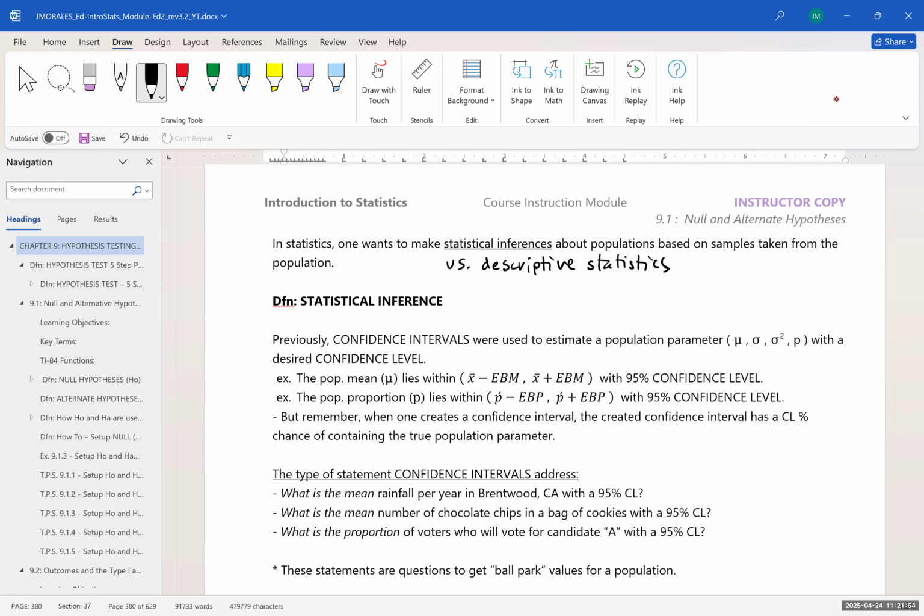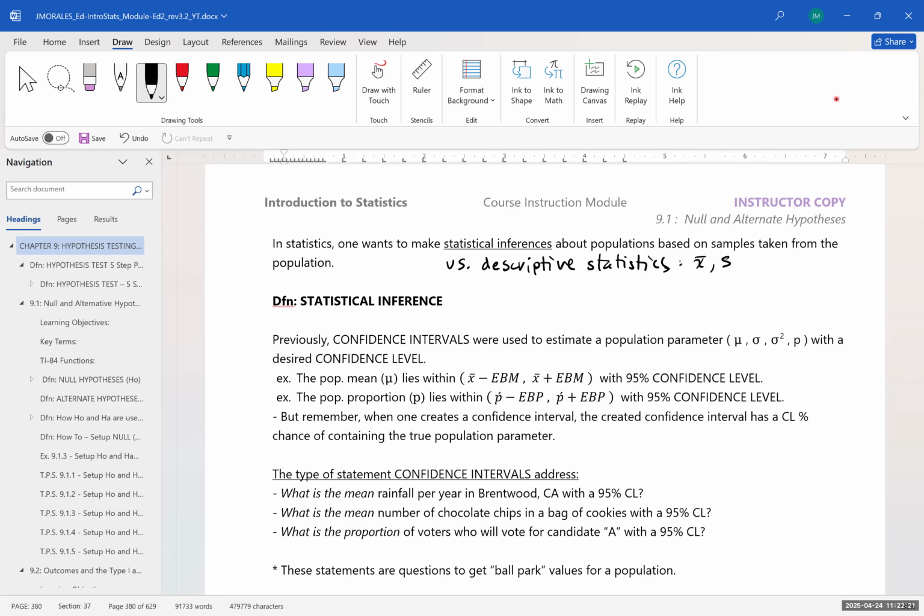Descriptive statistics are what we've pretty much learned so far. So you take a sample and you get the sample mean. You get the sample standard deviation. Those are a couple of examples of descriptive statistics. They're just quick numbers that you can calculate, which give you some information about your sample.